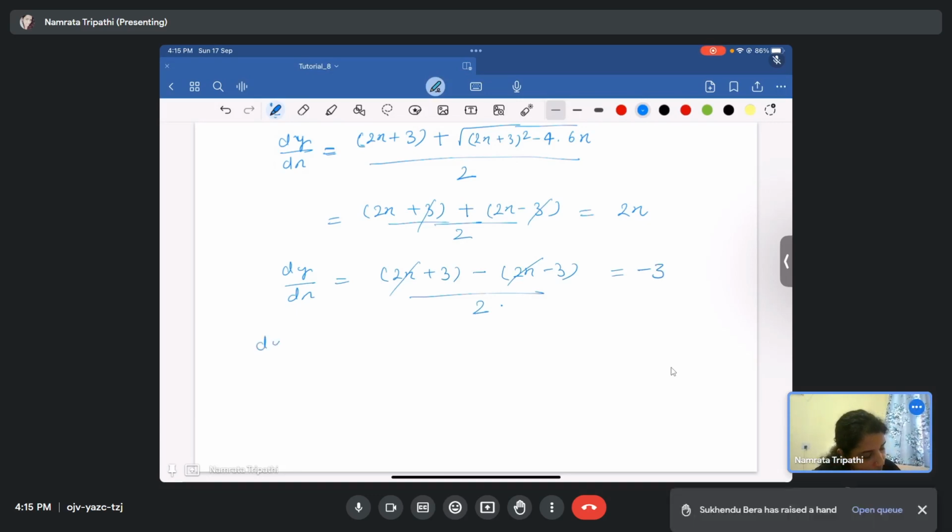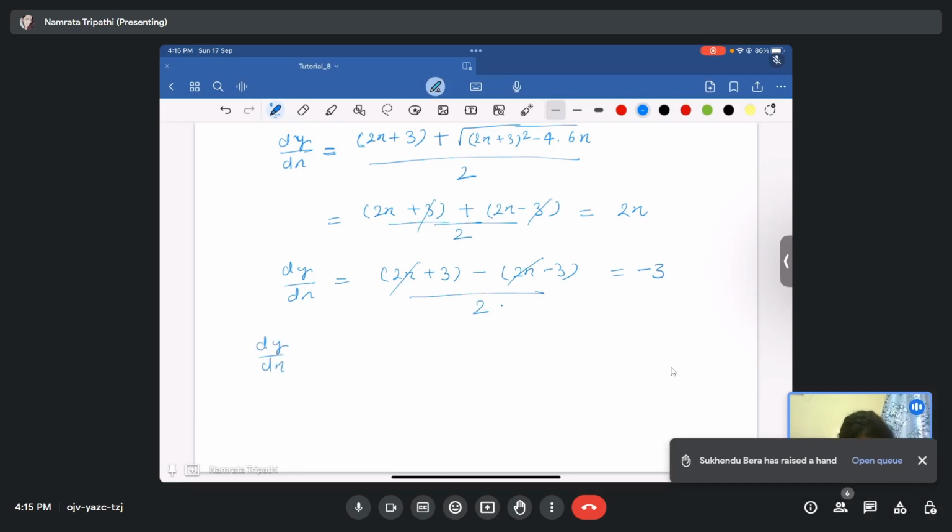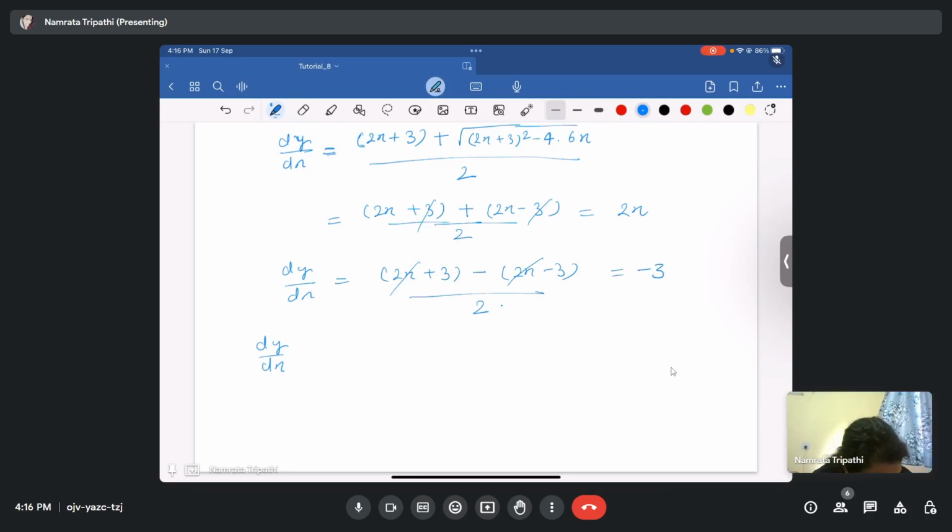First one is... yes. Ma'am, is the part under the square root always positive? Can you repeat? The part under the square root, that is 2x minus 3, for any value of x, it should be positive.